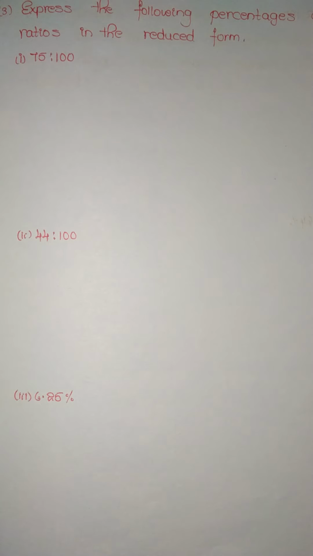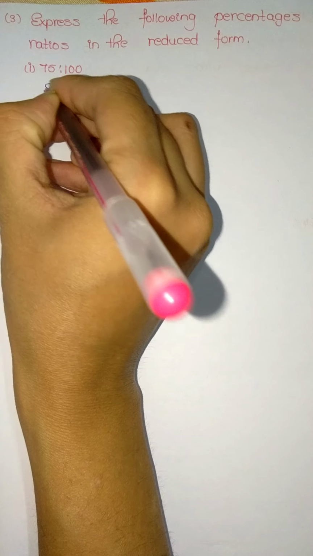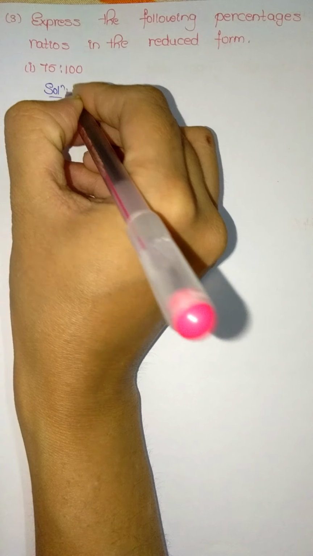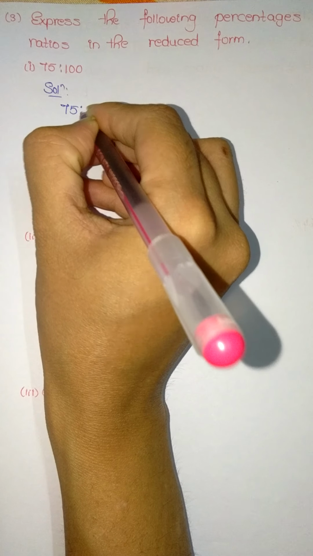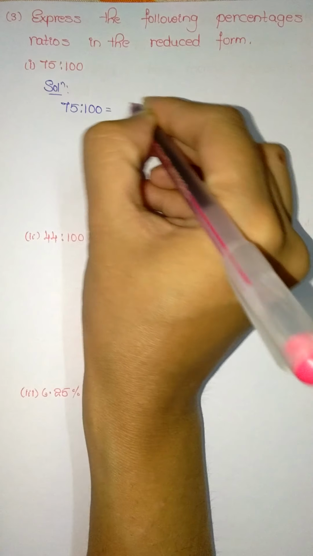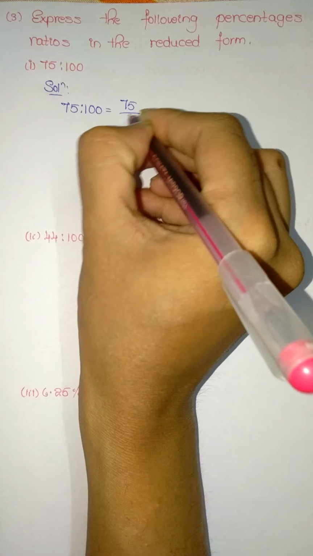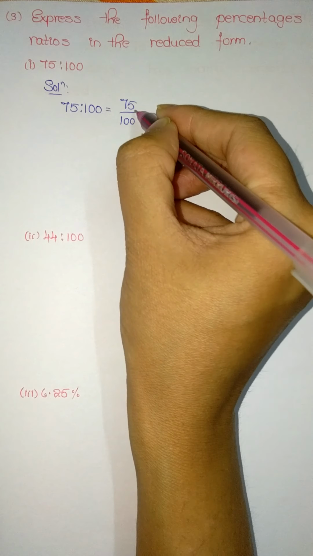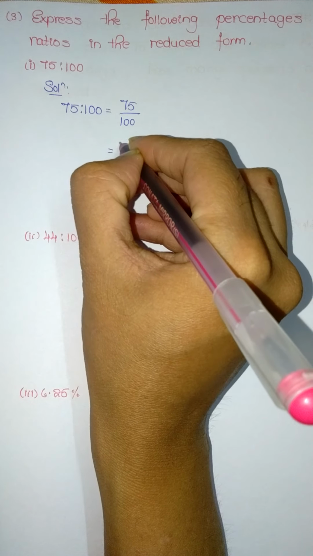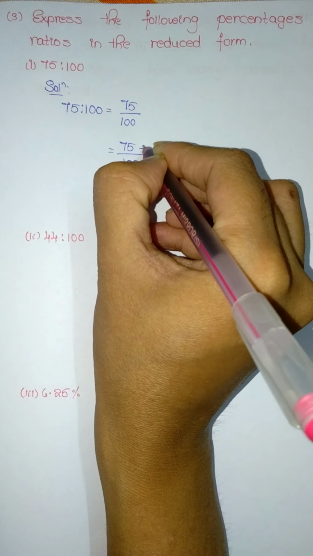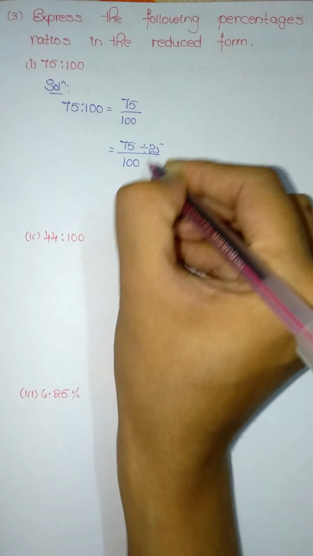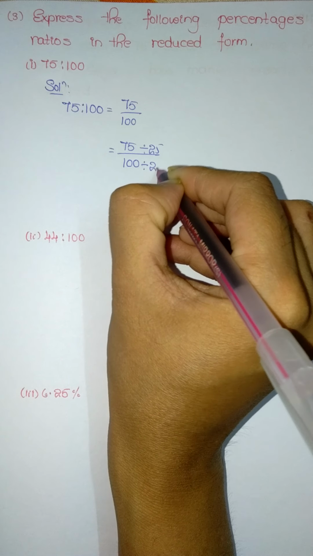So question number 1, 75 raised to 100. So how to solve this? Same as question number 1 and 2. जैसे हम लोगों ने अभी तक solve किया वैसे ही. So 75 raised to 100, we can write it as 75 by 100. So both 75 and 100, we can divide by 25. दोनों को 25 से divide कर सकते हैं.